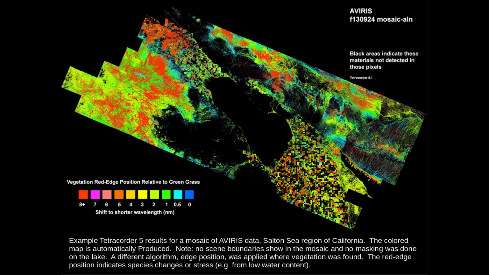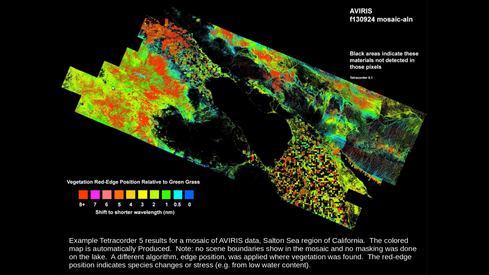Another one of the products is the vegetation green red edge shift position, and this is using a different algorithm just to illustrate other algorithms can be used to do other things than just simply a feature analysis.